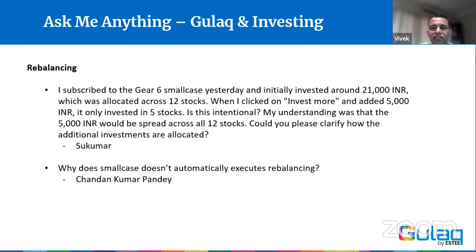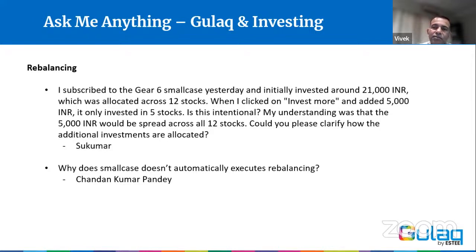But when you actually rebalance it next month, overall what you will have is 21,000 plus 5,000, that is 26,000. And it will take into account the 26,000 portfolio and rebalance it exactly the way we have suggested. So for this specific month, this 5,000 rupees worth of stocks is going to have some model error.